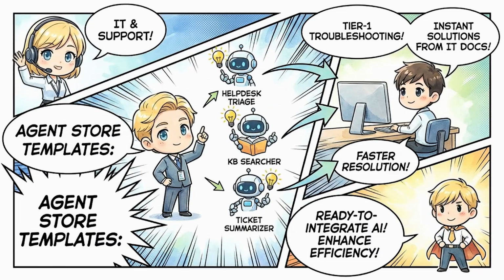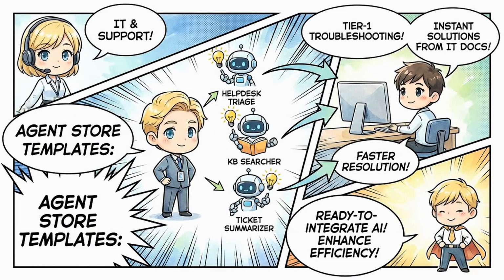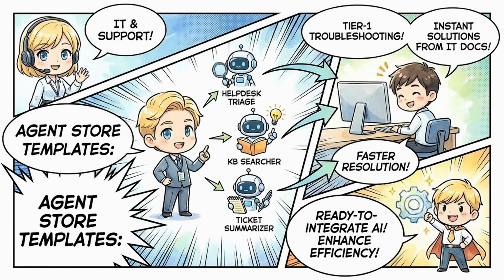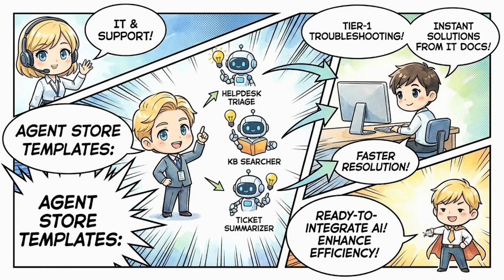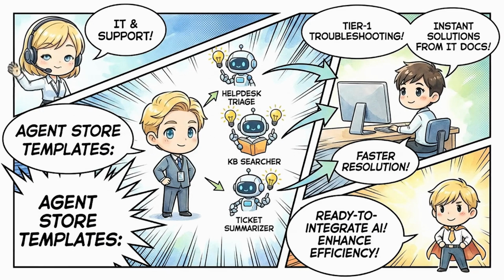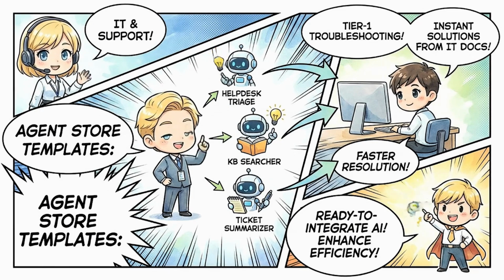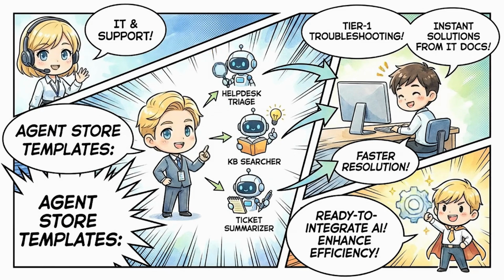For IT and support departments, the Agent Store offers templates such as a Helpdesk Triage, a knowledge-based searcher, and a ticket summarizer. These agents are crucial for providing Tier 1 technical troubleshooting to employees and instantly retrieving solutions from the IT documentation repository, significantly reducing resolution times.